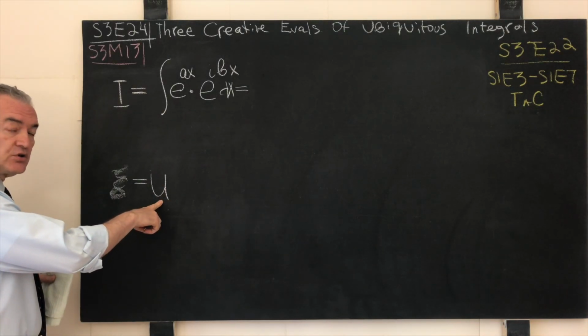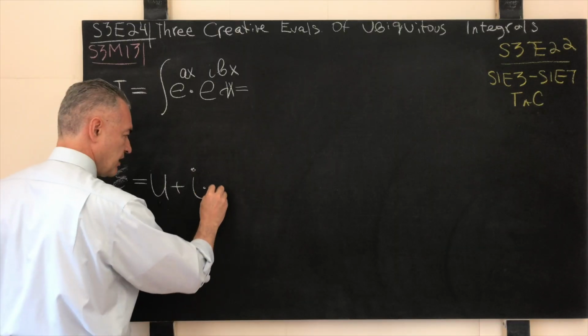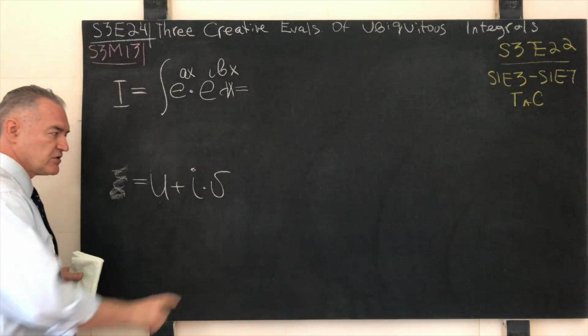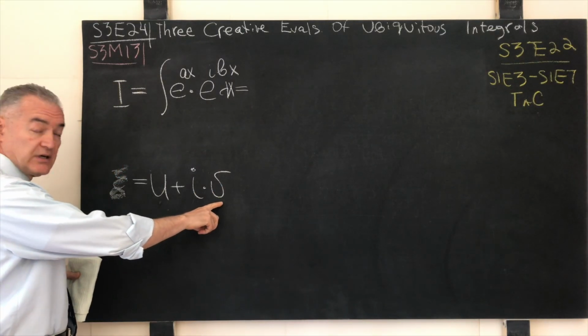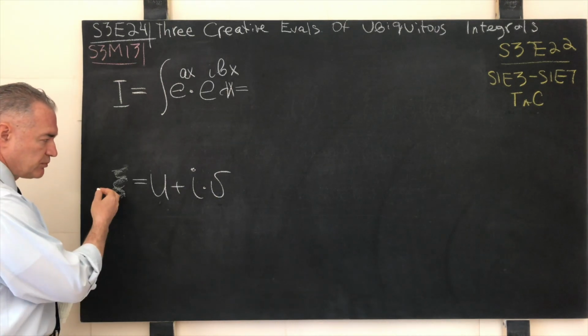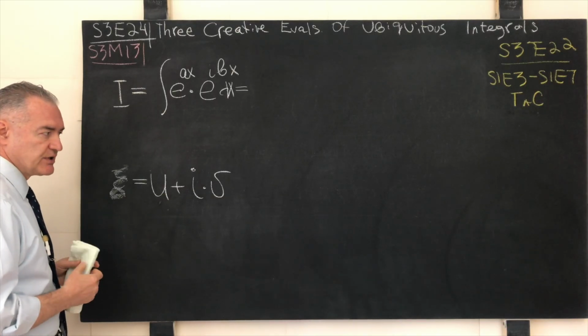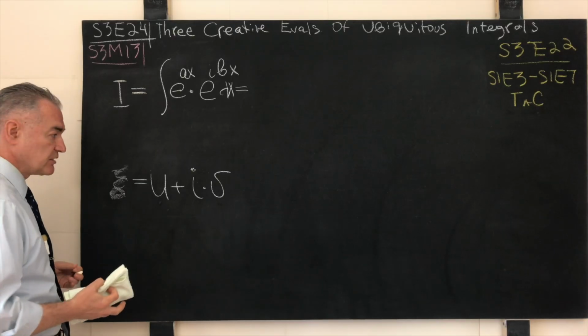A function u that has only real arguments plus i multiplied by yet another function that also has only real arguments. And this decomposition of this complex entity into the following construct is usually what bears so much fruit in all the underlying computations.